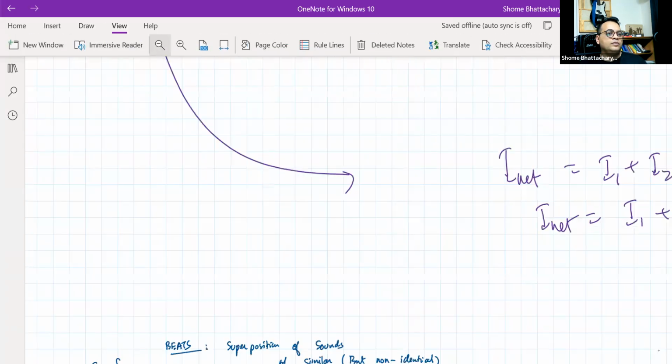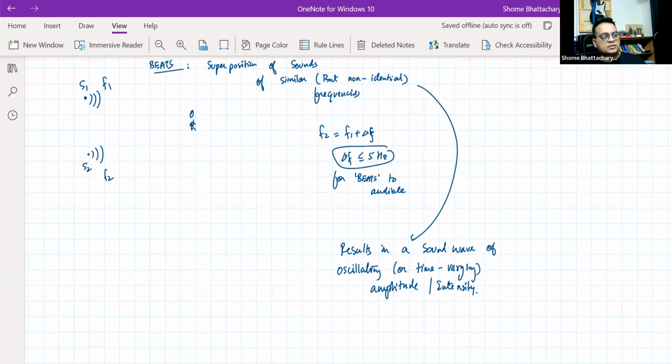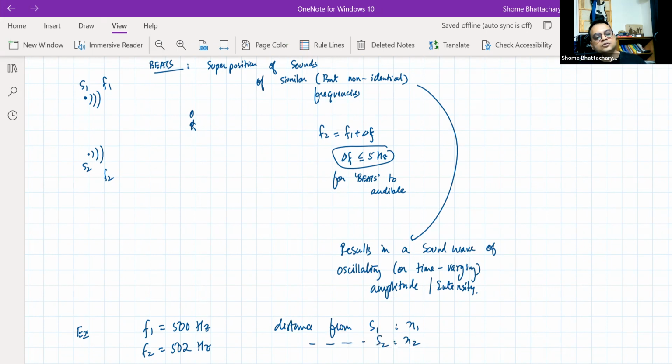So I'm going to go over the explanation of this mathematically very fast through an example. I don't want to put too much time into this here. Suppose F1 is 500 hertz and the second one is creating a frequency of 502 hertz. And let's just say, for argument's sake, that the distance from S1, that is X1, and the distance from S2 is X2, are such that K1 X1 is equal to K2 X2.